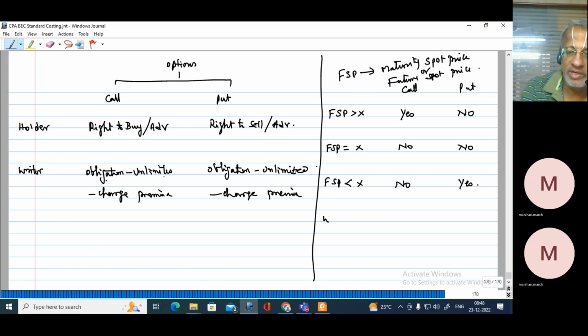So wherever exercise is made, for both call and put, we call the scenario in the money.